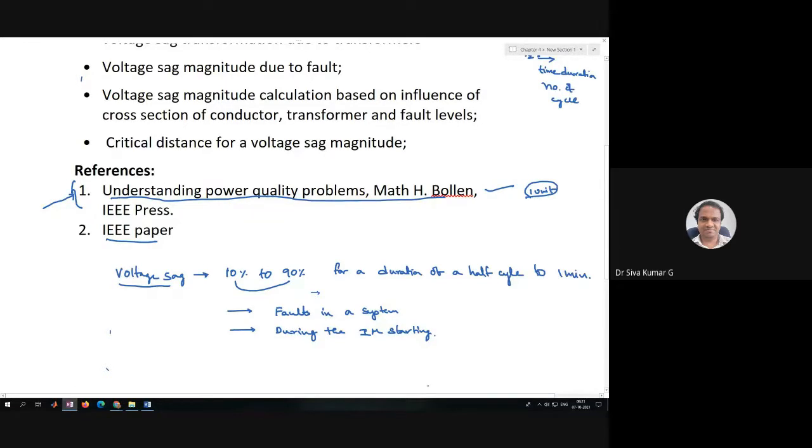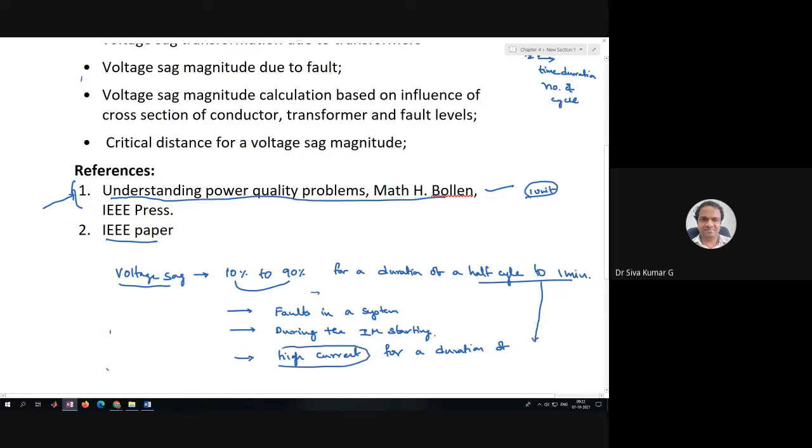And if any kind of load takes a high current for a duration of half cycle to 1 minute, high current.